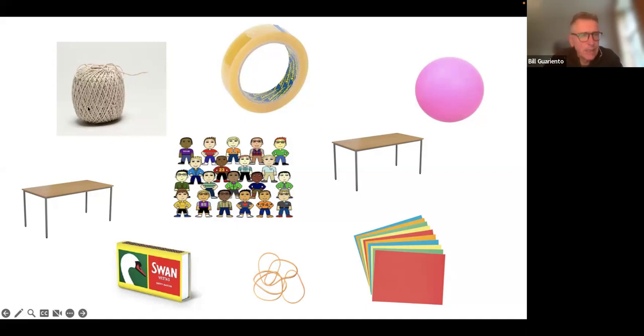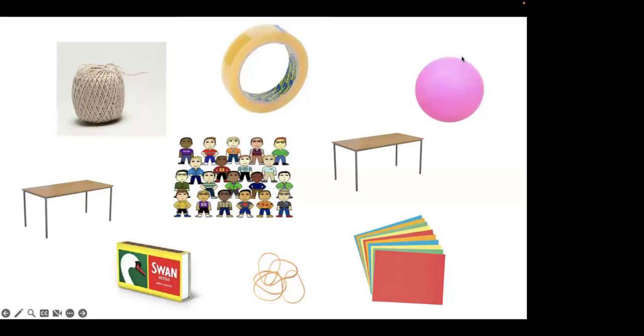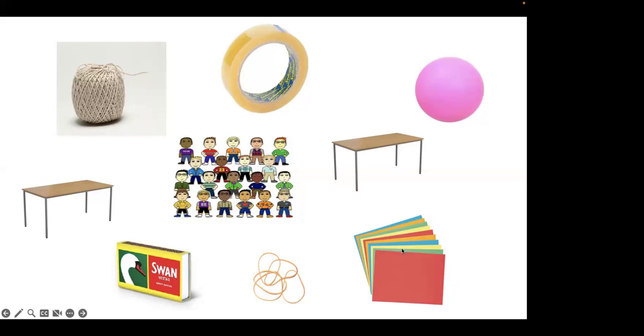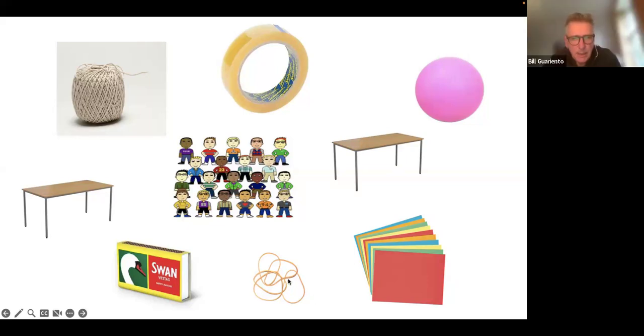So we have string on the left, tape, a ping pong ball. Under the pink ping pong ball, what can you see? Table. Good. Under the table, what can you see? Papers. Paper. Next to the paper, what can you see?